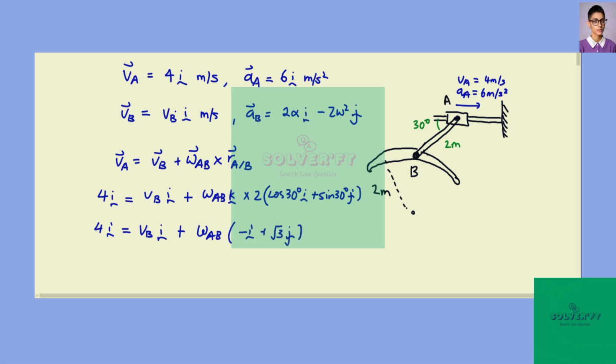Just remember that cosine 30 degrees is square root 3 over 2 and sine 30 degrees is half. Half I took out to multiply with the 2 gets 1, so I'm left with omega AB.